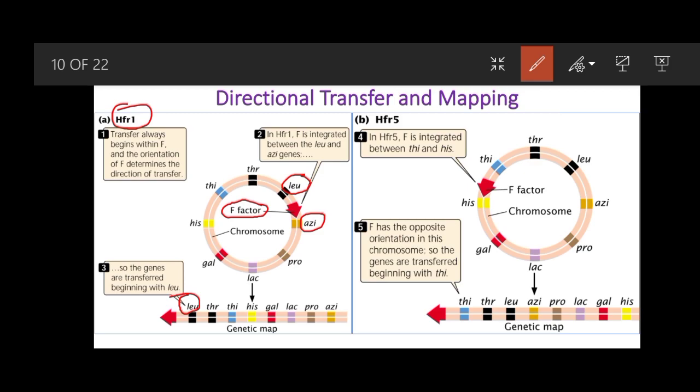But in the case of HFR5 strain, the F factor is inserted between the histidine and thymine genes. So in this case, after the F factor, thymine gene is present, and similarly the other genes.